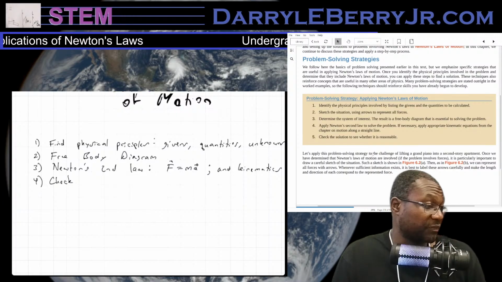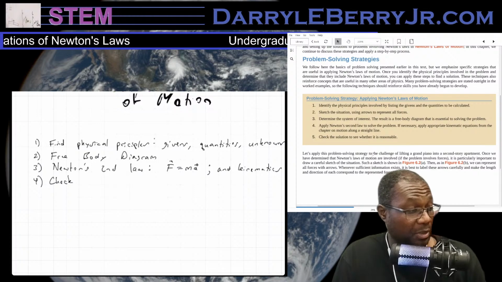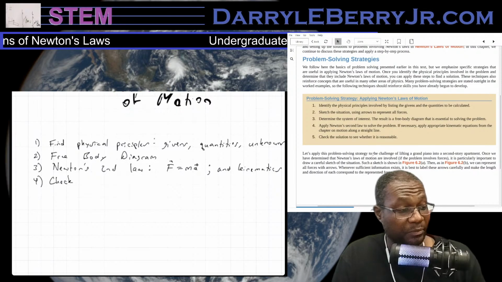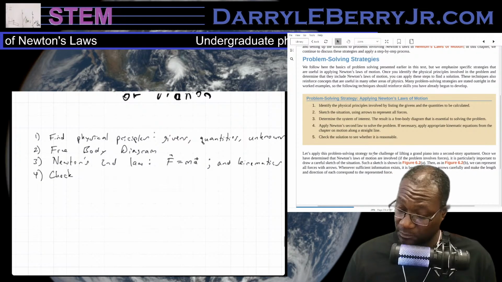Let's apply this problem-solving strategy to the challenge of lifting a grand piano into a second-story apartment. Once we have determined that Newton's laws of motion are involved, the problem involves forces. It involves Newton's laws of motion, as in any force problem.